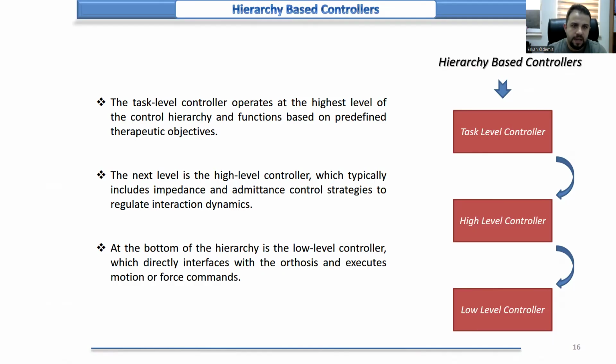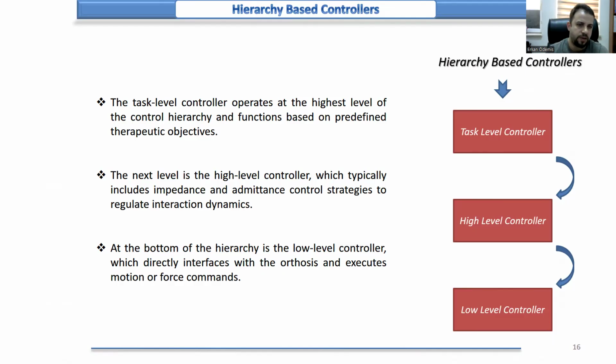The next level is the high-level controller, which typically includes impedance and admittance control strategies to regulate interaction dynamics. The high-level controller, often implemented using, as I said, impedance or admittance strategies, regulates the interaction between the patient and the device by adjusting stiffness or compliance.